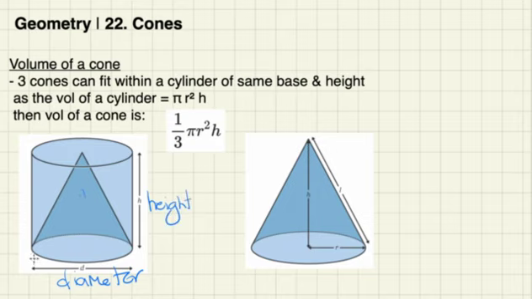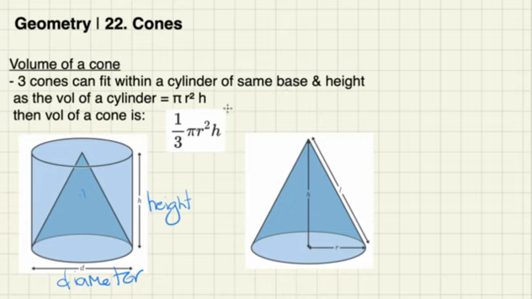And if you can imagine that in this cone you have a cylinder of the same base and the same height, well, 3 cones can fit in there. So this gives us a clue. 3 cones can fit within a cylinder of the same base and height.